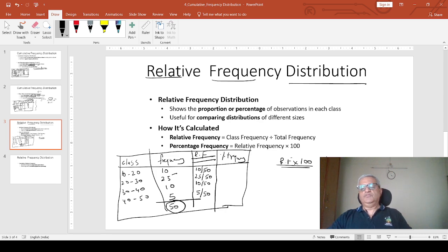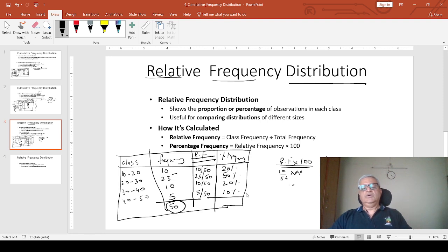So for the first case it will be 10 by 50 multiplied by 100, correct? So it will be 100 by 5, so this will be 20%. This will be 50%. This is again 20%, and this is 10%.